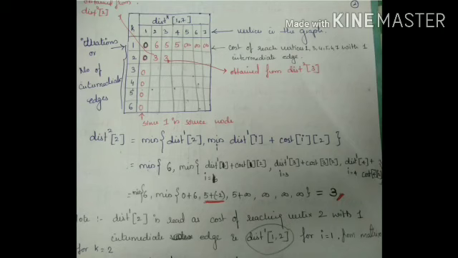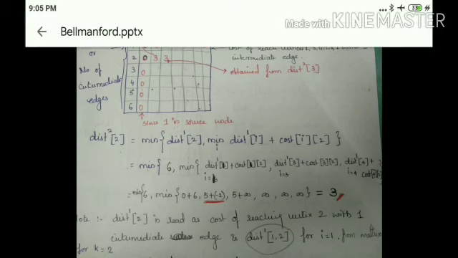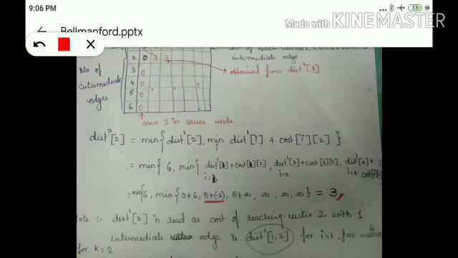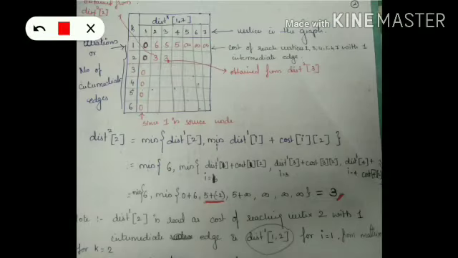So we were calculating dist raised to 2 of 2, which is nothing but minimum of dist raised to 1 of 2. So it is with one intermediate edge I must reach vertex 2 from source vertex 1. So it is for the first value of k I can reach vertex 2 at the cost of 6.